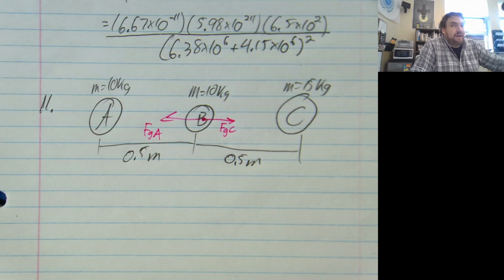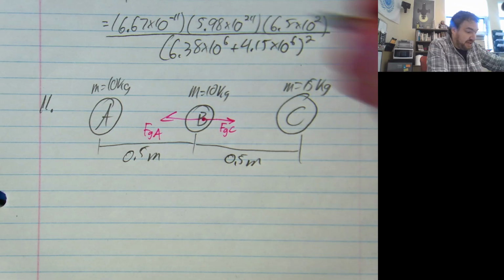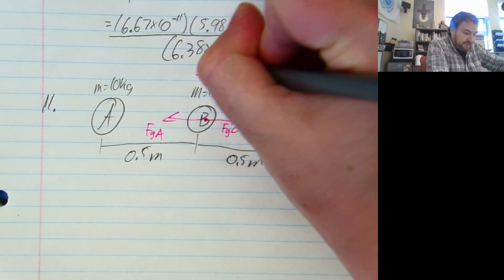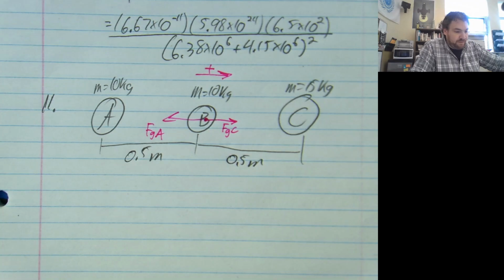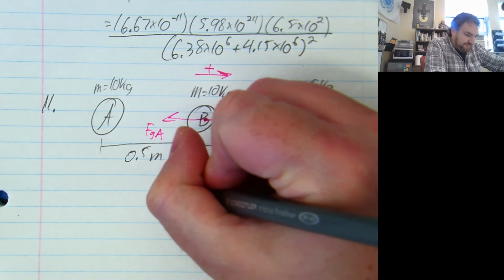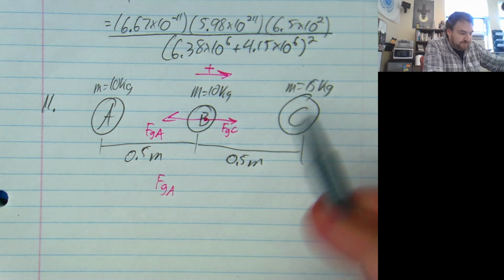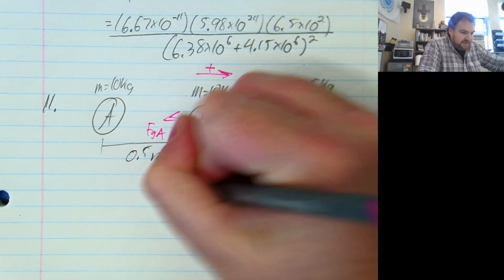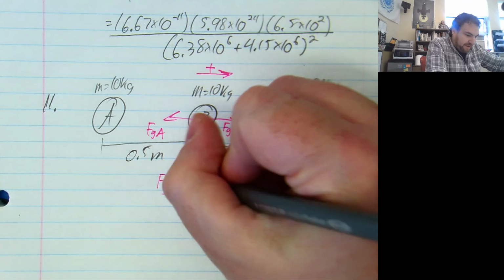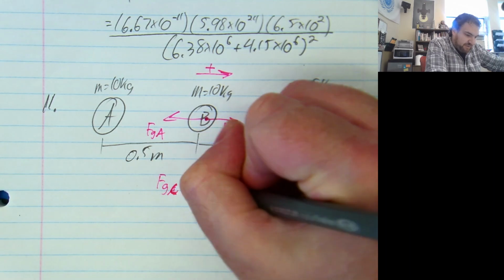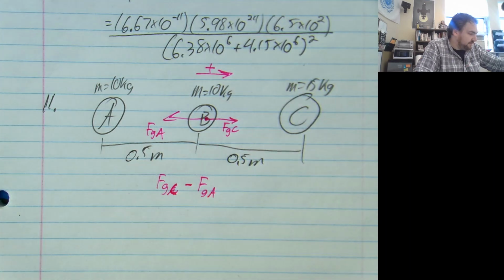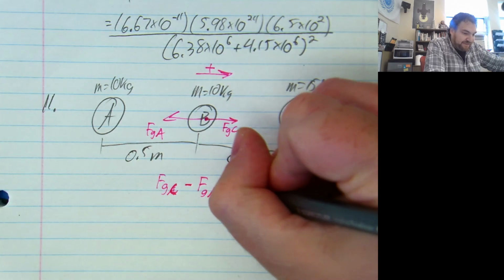They're left, right, they're opposite directions. So we need to declare a direction to be positive. Yesterday you said you wanted positive to be to the right. So when we plug this in, we're going to have Fg from C, because that's the one that's to the right, minus Fg from A, and that's going to be your F net.